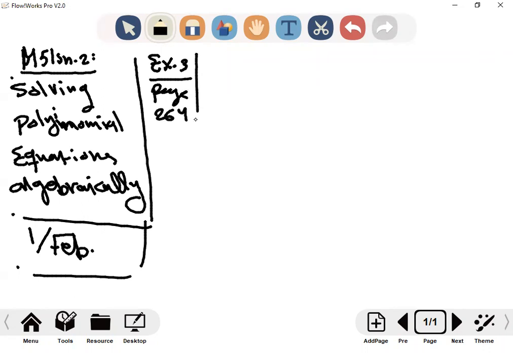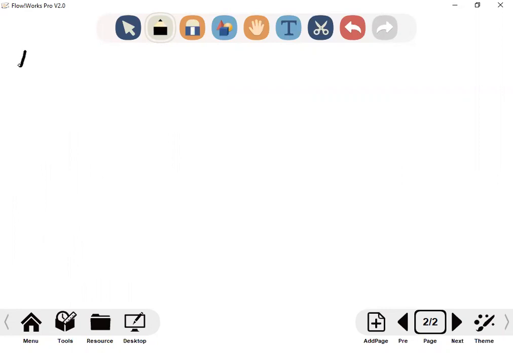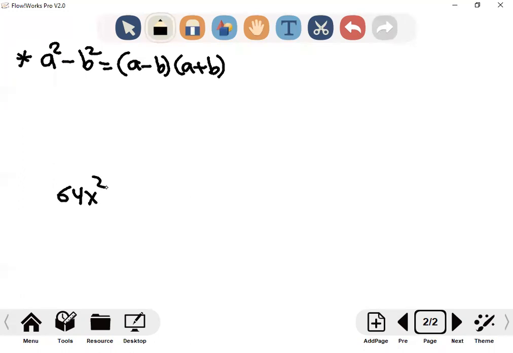Now, let's remember just the formulas which we did before. We have something we call difference between two squares, meaning something power 2 minus something power 2. If you have difference between two squares, this is equal to a minus b with a plus b. For example, if you have 64x power 2 minus 25y power 2, here you have 8x power 2, right? 8 power 2, 64, x power 2.